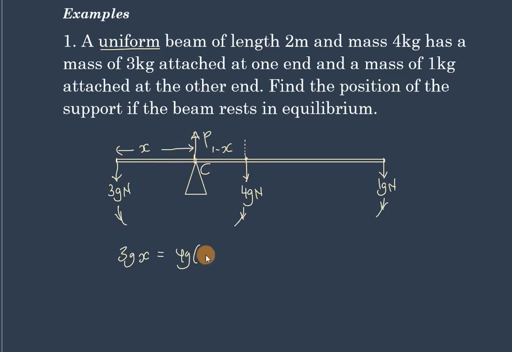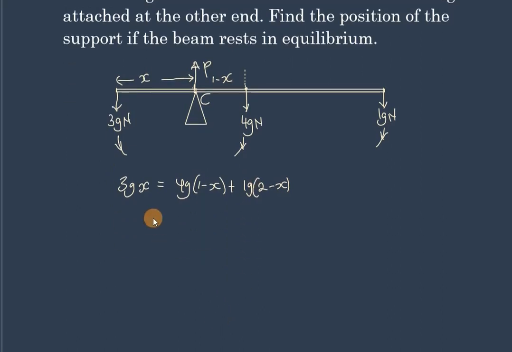And so this is 1 minus x, plus 1g into, now from this point to the point C. Remember the whole thing is 2 meters and I've just removed this x. So from C to this point here, it is 2 minus x. I have the whole 2 and I'm just subtracting the x.